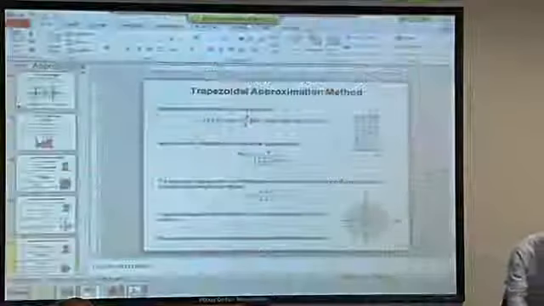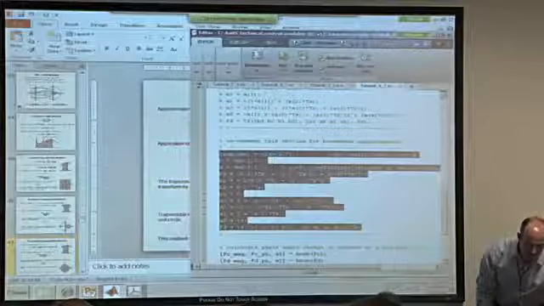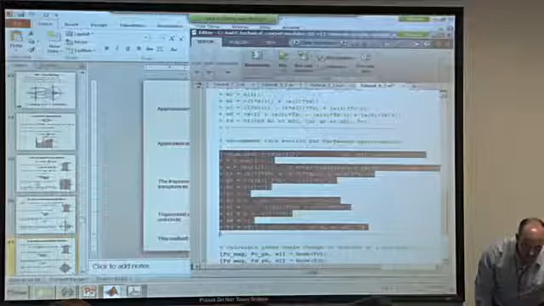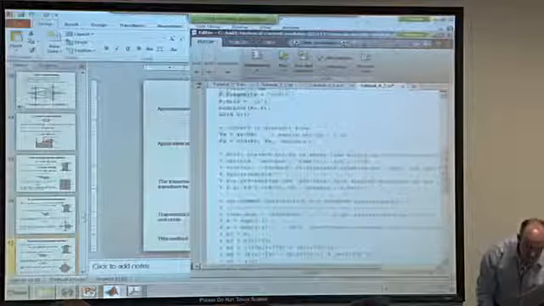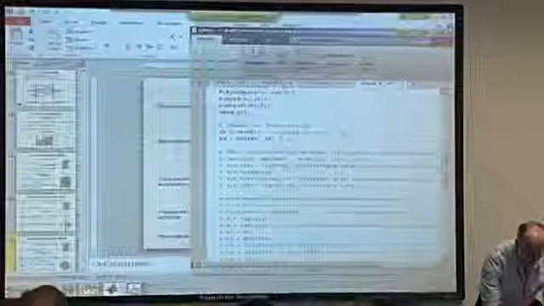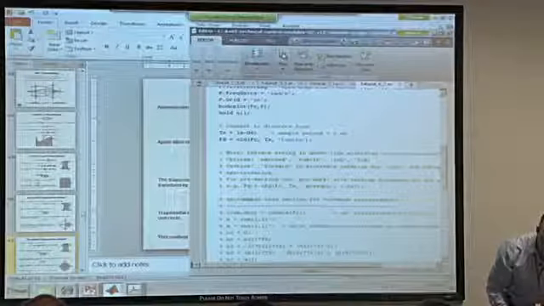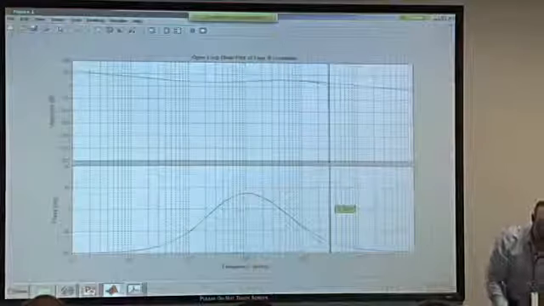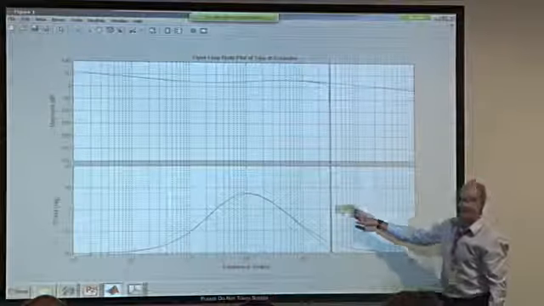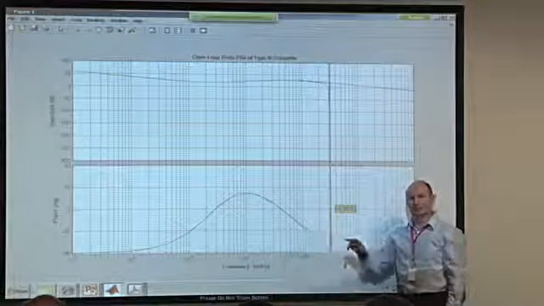It performs well enough that the MathWorks have troubled themselves to create a script for it. And that script is simply invoked by replacing the keyword matched with Tustin. And when we run it, we get what I regard as not bad performance. It's only 3.4 degrees of phase lag at the frequency that we've been measuring. It's pretty good. Okay?